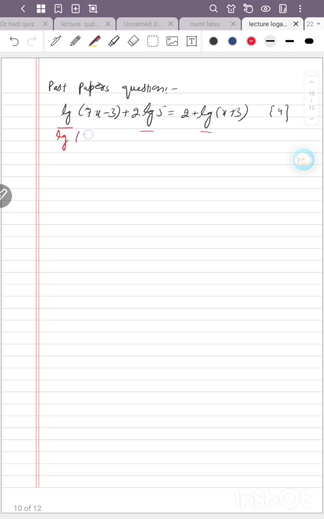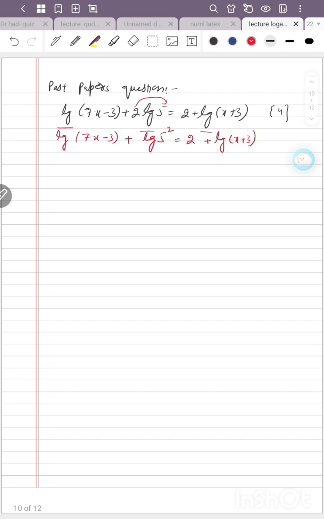Similarly, 7x minus 3 plus log 2 will be at the start, because by the log property the power goes at the start. I have to convert it into a single log, so we will use all these properties. Now 2 plus log of x plus 3.